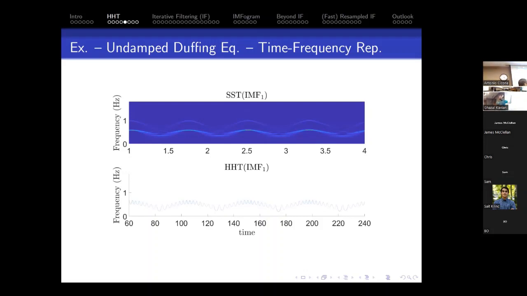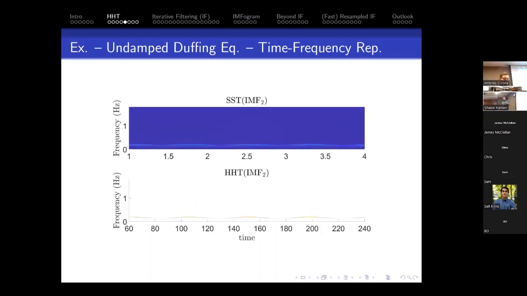And so they instead produce a projection on their basis, which in this case looks like that. So it is a mathematical artifact coming from the technique. So it's not physical. It's physical only if you use a certain basis, let's say, okay? So it's just a projection. If you take the second IMF, they do match as expected. This is just a low frequency component, which is not changing too quickly in frequency.